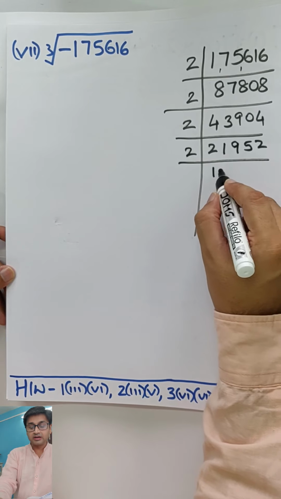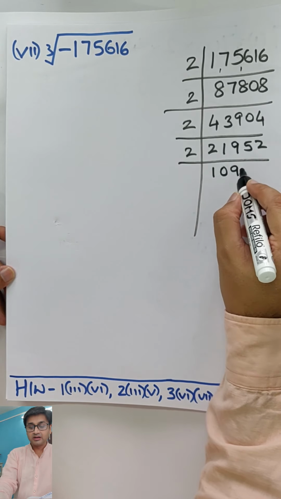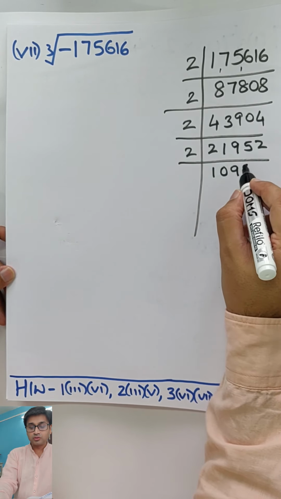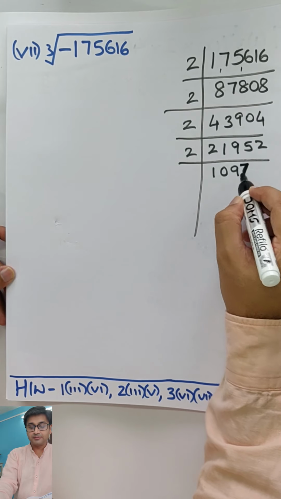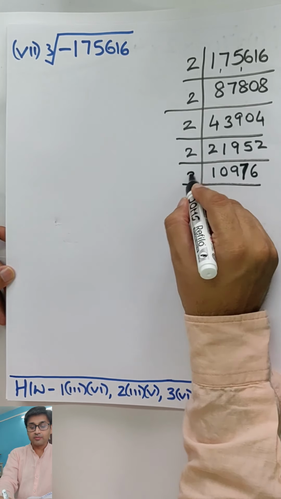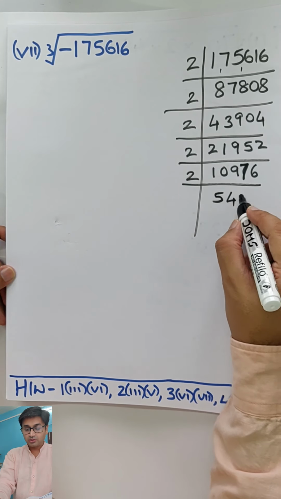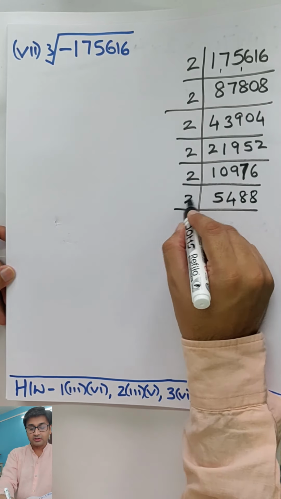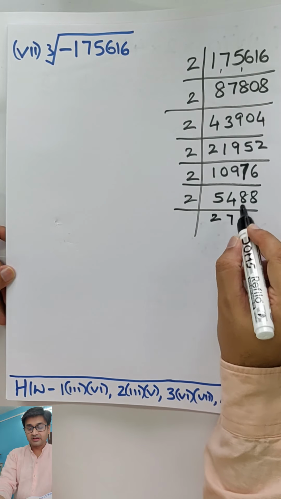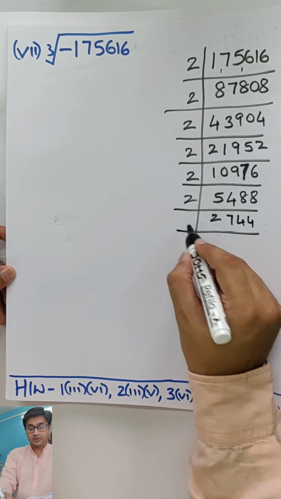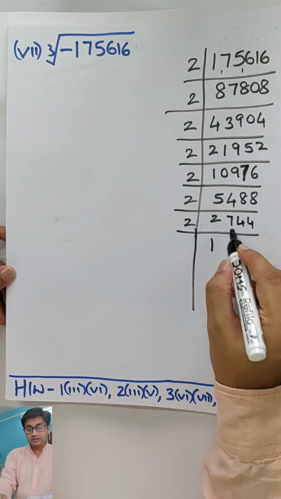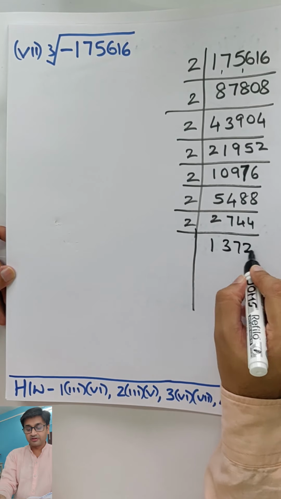Again by 2, 1s are, 0s are, 9s are, 2 7s are 14 and 6. I hope I'm not going wrong. 2 5s are, 2 4s are 8, 2 8s are and again 8. 2 2s are 4, 7s are and 4 4. 2 1s are, 2 3s are 6, 2 7s are, 2 2s are.